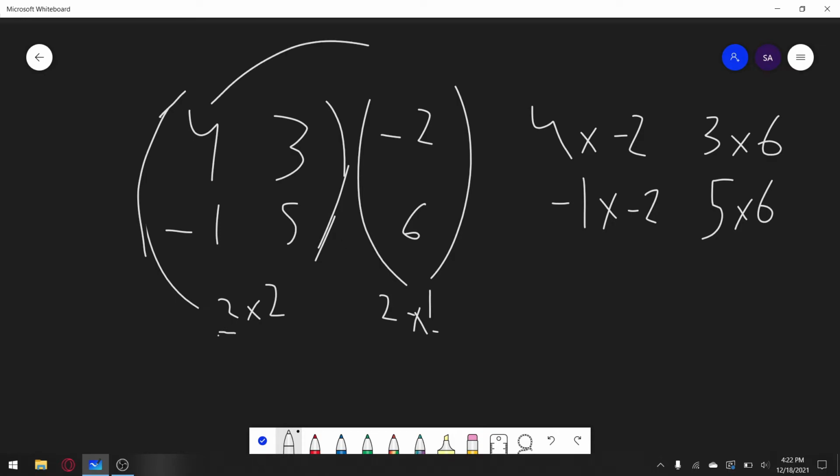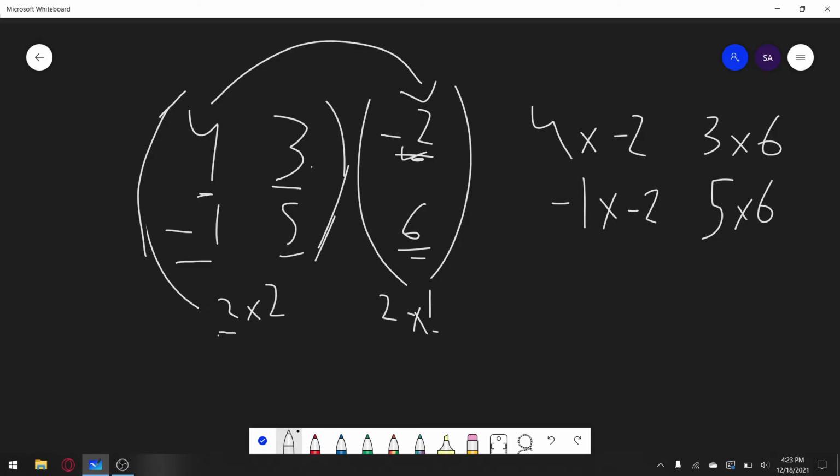We multiply 4 with minus 2 and 3 with 6, and then we do minus 1 with minus 2 and 5 with 6. So the first row is multiplied with the column, and then when you move on to the next row, you do the same with the next row.